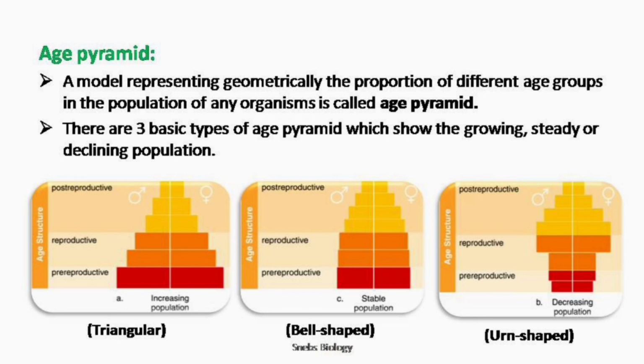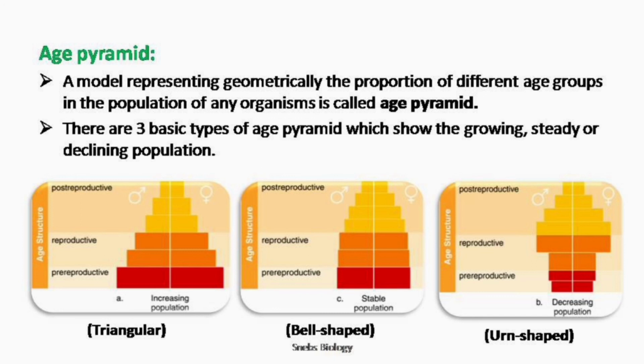So such a population size would more or less remain constant. Then we call it steady population. Here we take the example of some developed country. These countries have more or less stable population, and we find a bell-shaped pyramid.